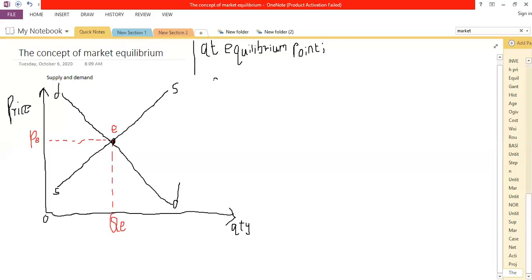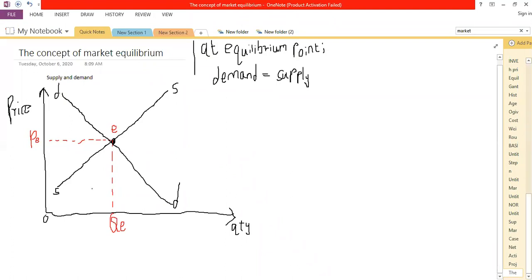The condition for equilibrium is that demand for the commodity must always equate to supply. And therefore, one should be able now to come up with the equilibrium price as well as the equilibrium quantity.